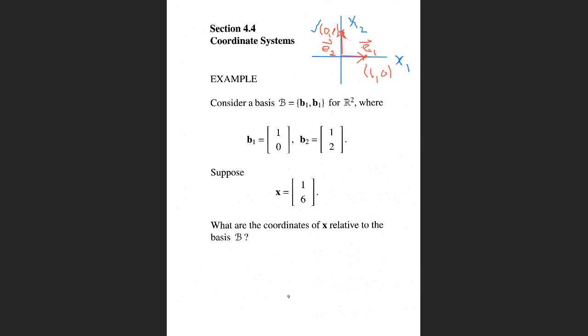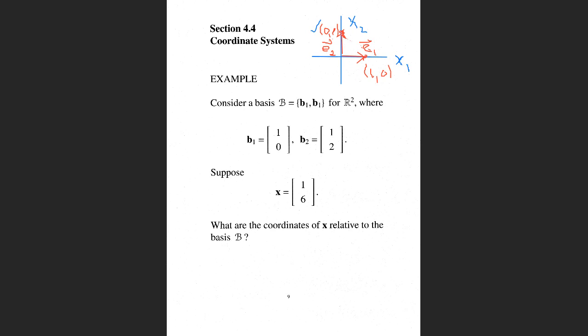They're unit vectors, and that makes it easy. So any vector in two-dimensional space, in R2, can be written as a linear combination of these E1 and E2 vectors. We call those two vectors, E1 and E2, the standard basis. It's the basis you're used to.